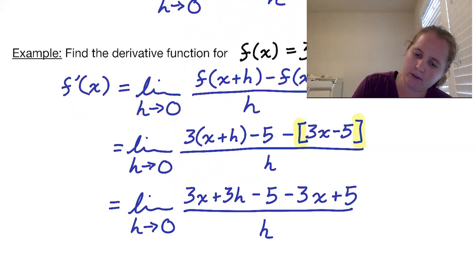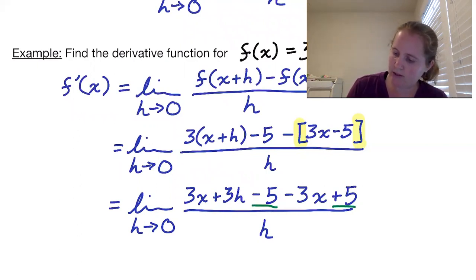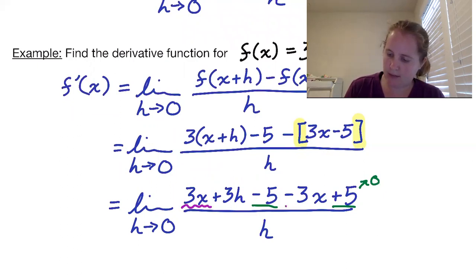Now, if we do some combining like terms, our minus 5 and plus 5 will combine to give us 0. And then our plus 3x and minus 3x will combine to give us 0.